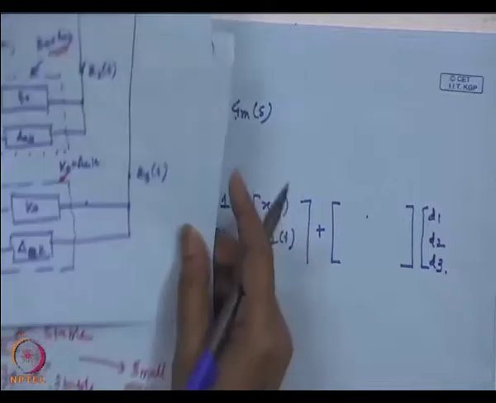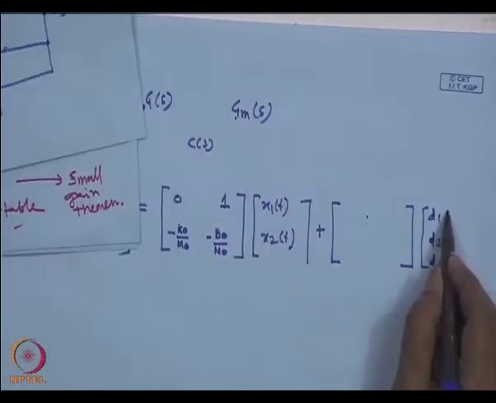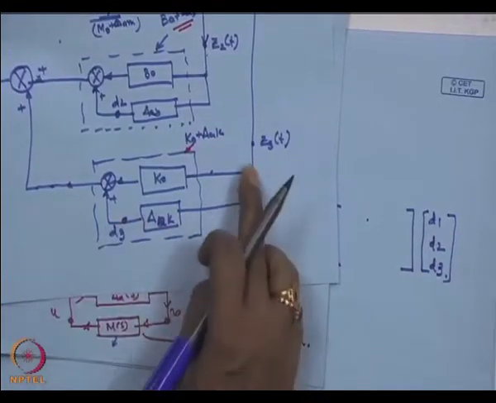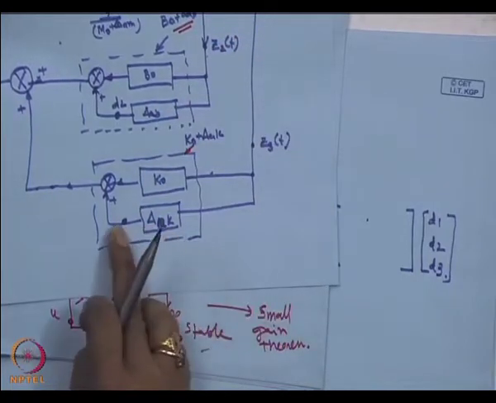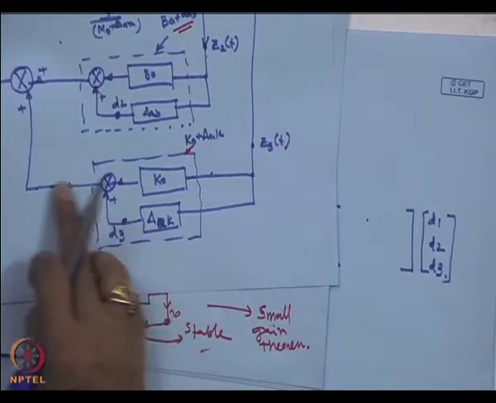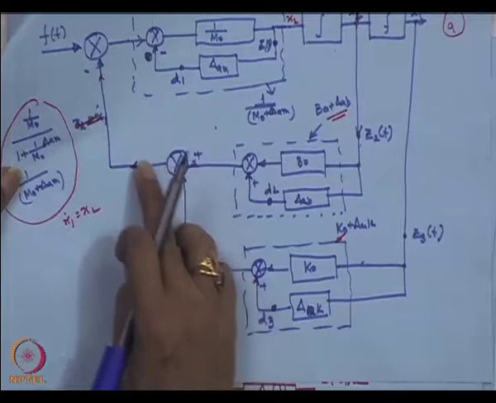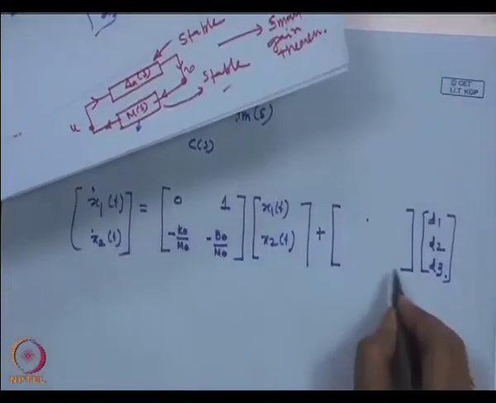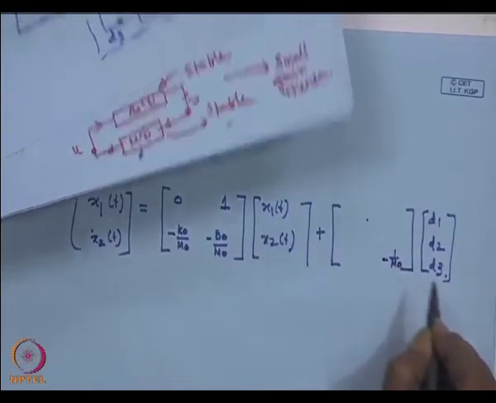If you consider d 3, x 1 multiplied by delta k is equal to d 3, going this way, multiplied by 1 by m 0. So, it will be minus 1 by m 0.